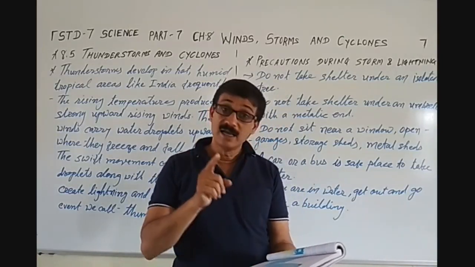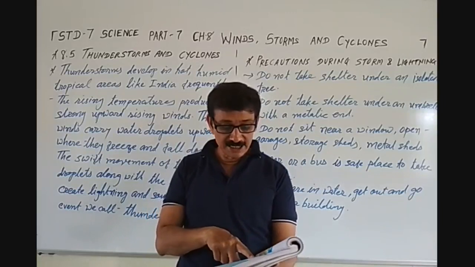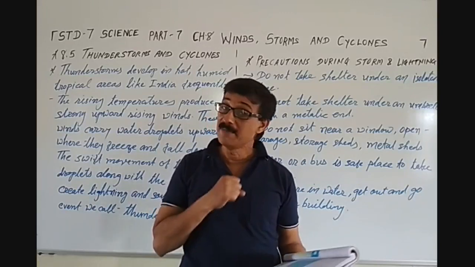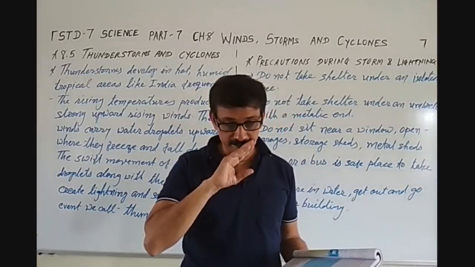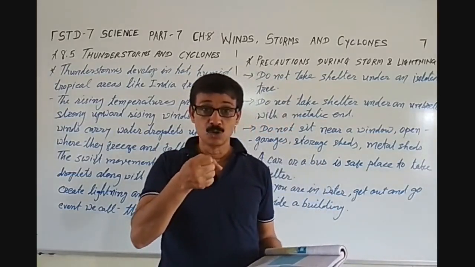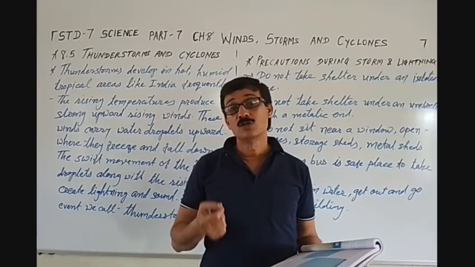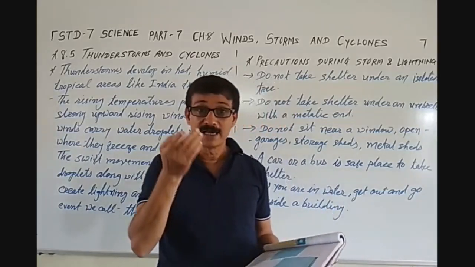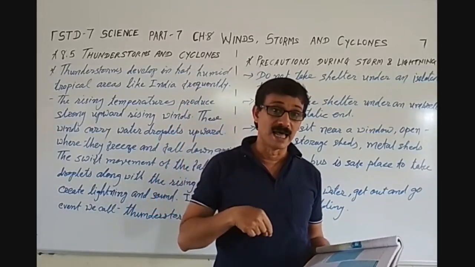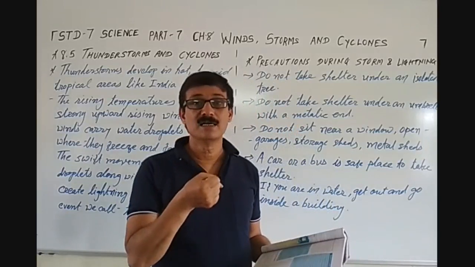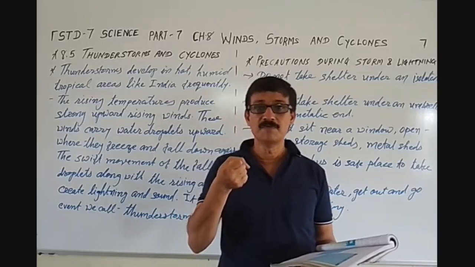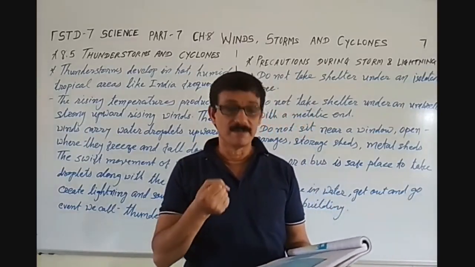Do not take shelter under an umbrella with a metallic end, because a metallic handle is also a conductor. If the lightning strikes over your umbrella and the handle is metallic, it may cause problems. If it is a plastic handle, there are very rare chances of problems.